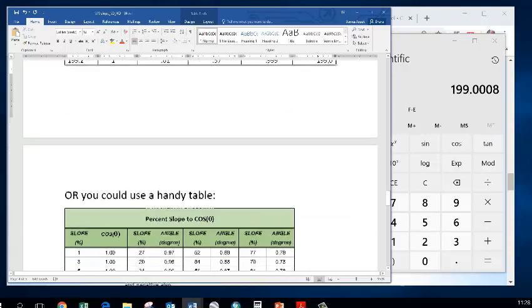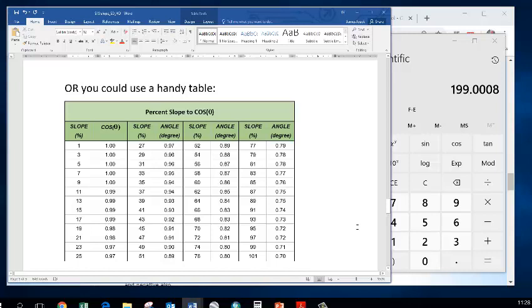So another way of doing it, though, and I've tried to simplify this for those of you who are not comfortable with doing the inverse tangent and the tangent functions and all that stuff, I basically have given you the cosine theta for every other slope. You'll see 1% slope to essentially 7% slope or 9% slope is essentially the same. So it doesn't change a whole lot. Once you start getting into steeper slopes, it does change.